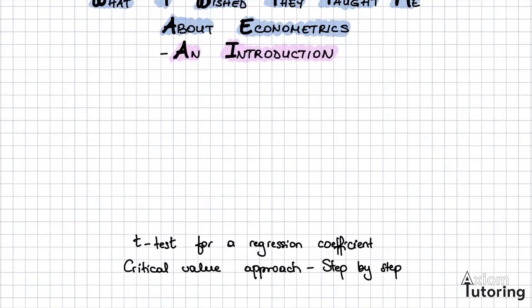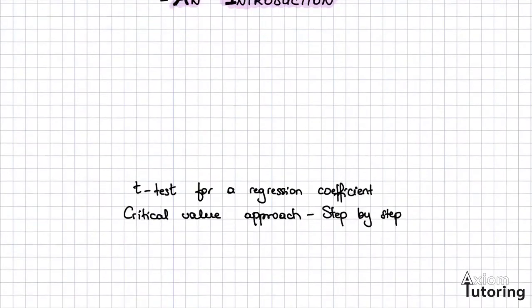So for now, because we're using the critical value approach, think of this as the video in which you're answering the question, is this estimate too extreme? Without further ado, let's move to the steps.